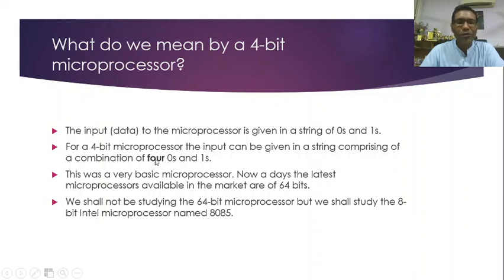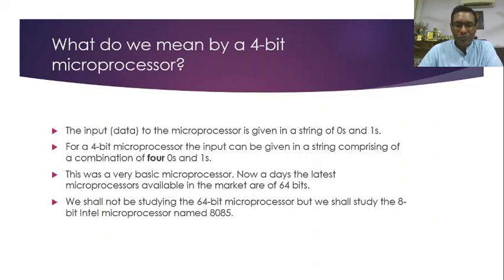So that's why it is called a 4-bit microprocessor. After 4 bit, 8-bit microprocessors, 16 bits, 32 bits and finally 64-bit microprocessors are now available in the market. But in our course we shall be studying an 8-bit microprocessor and not 64 bit.